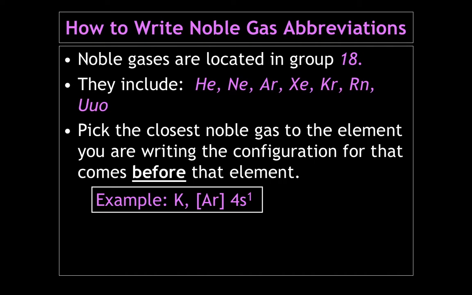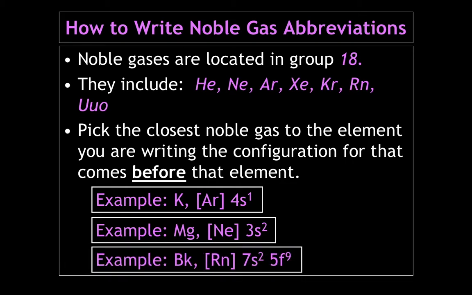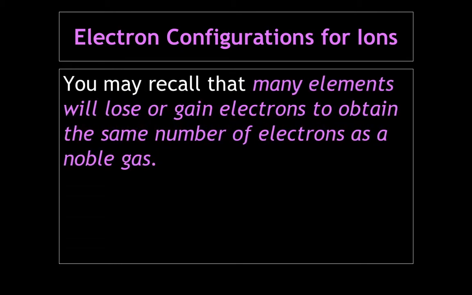That's it. So you have neon, and then you just continue from neon. You still do have to do the 3s2, so neon 3s2, and then 3p3. So that's it. And we have a few examples up here, and we'll just move on.